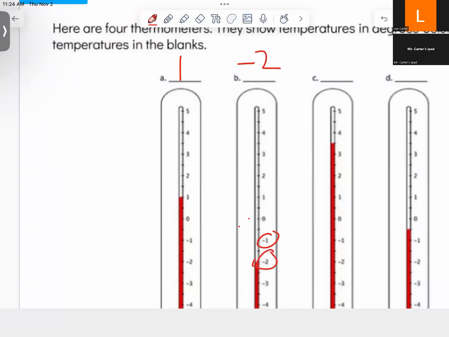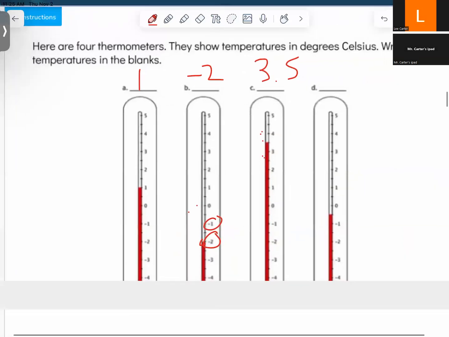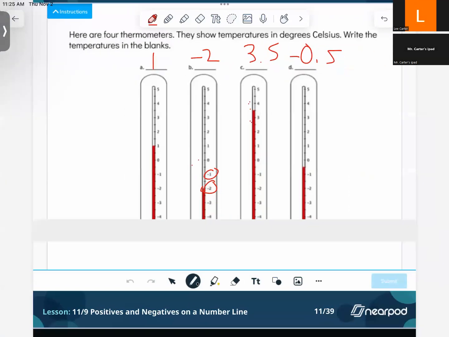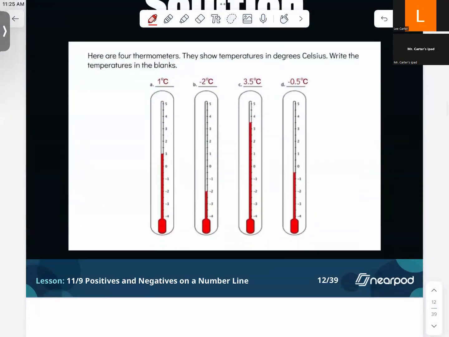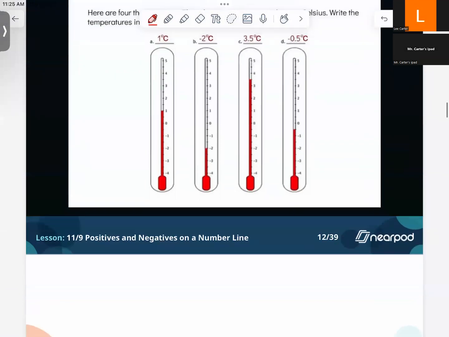So that's -2, right? This one is +3, and then it's between 3 and 4. So that's 3 1/2, or 3.5. And then this one is between 0 and 1, about halfway. So that would be -0.5. So notice that's below the 0. Okay. And there you see the answers.